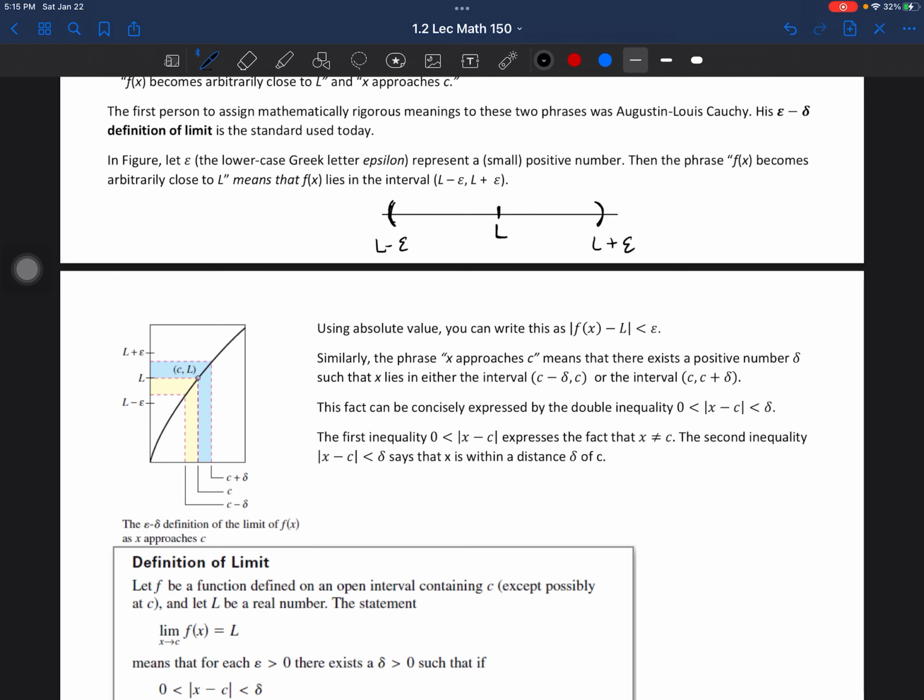And so what this means is that f of x lies within here. In order for f of x to be close to L, it has to be within here.